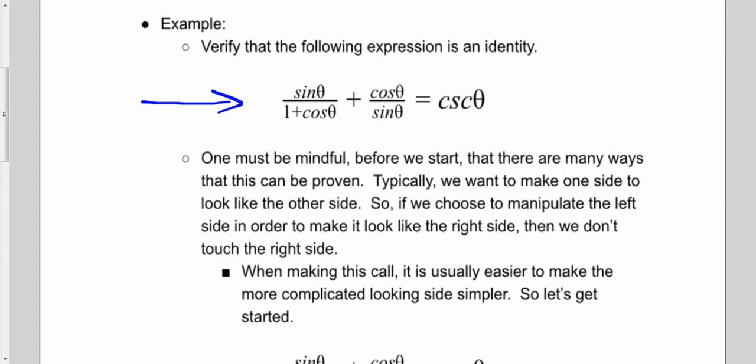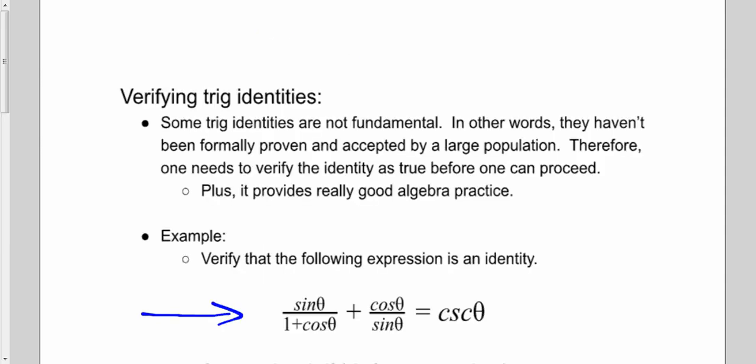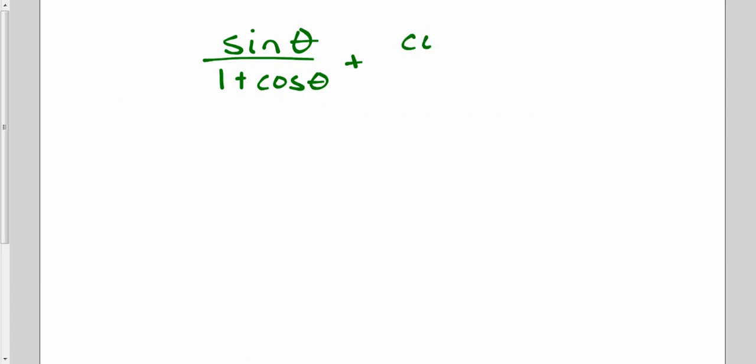Sine theta over 1 plus cosine theta plus cosine theta over sine theta equals cosecant theta.